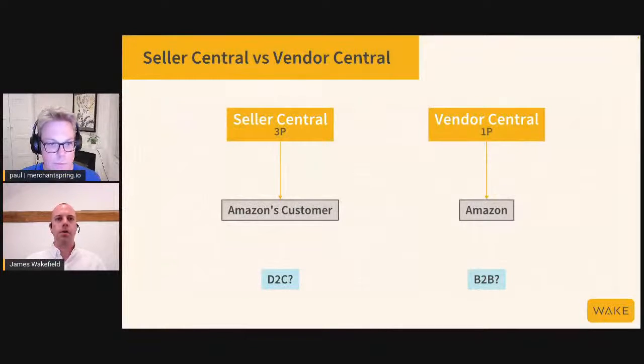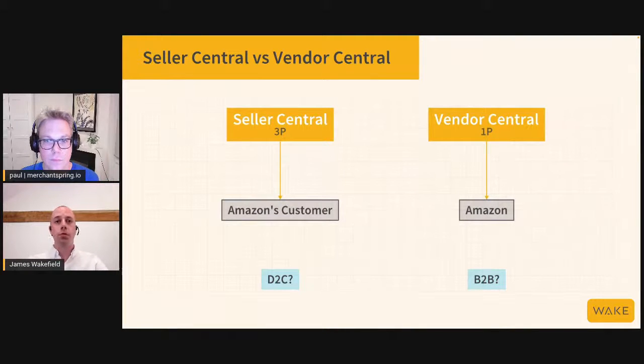Yeah, sure. Thanks again for having me on. Essentially, you've got two quite distinct selling models on Amazon. Seller Central is obviously the most well-known. We think there's about 6 million sellers globally. Anyone can register, and it's where you're essentially selling directly to Amazon's customers.